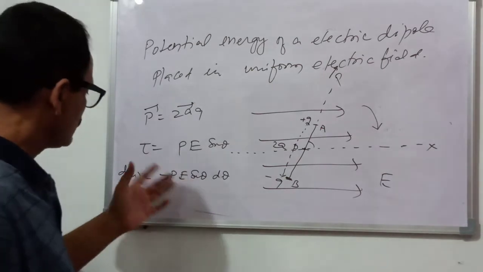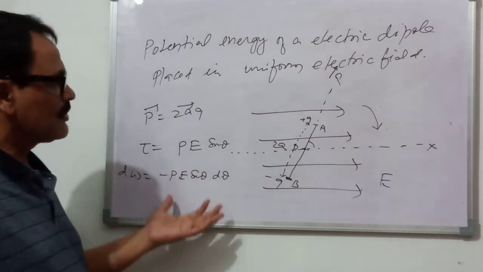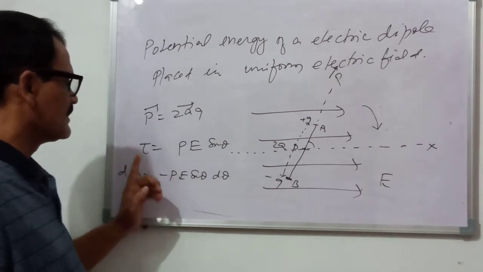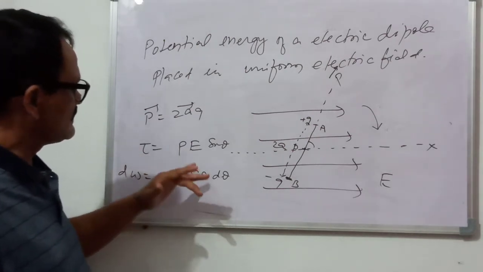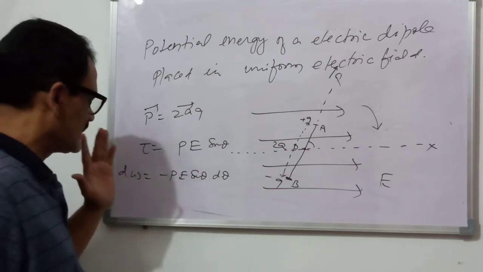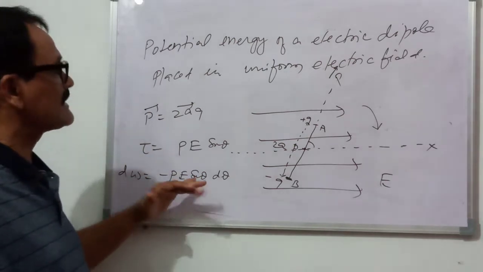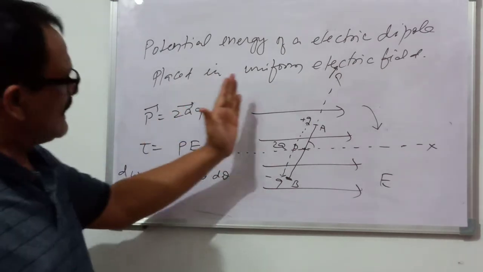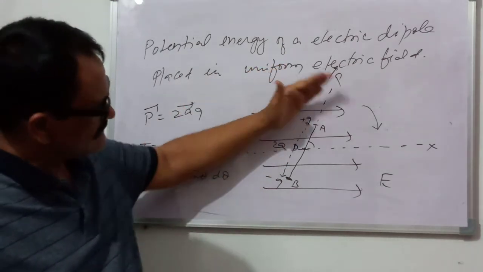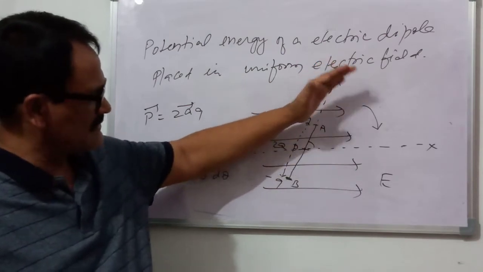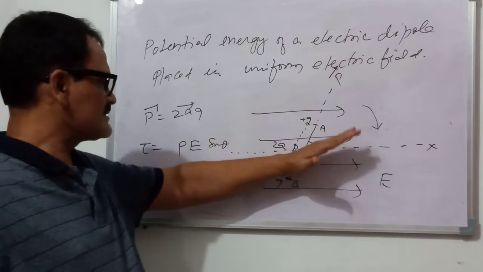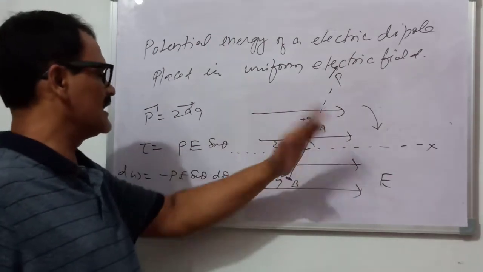This is the work done by the torque produced by the electric field, and if it is taken as positive, then this is the torque. This is the work done by the external torque, but it is the work done by the torque produced by the electric field because it tends to bring in this direction. Torque is acting in clockwise direction, and I am twisting this by d theta in anti-clockwise direction.